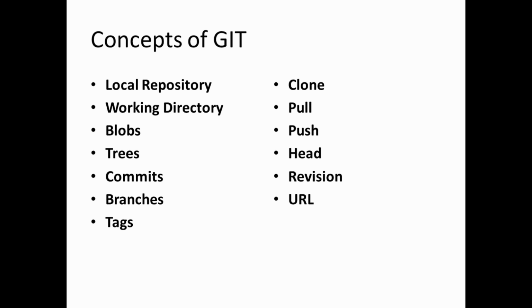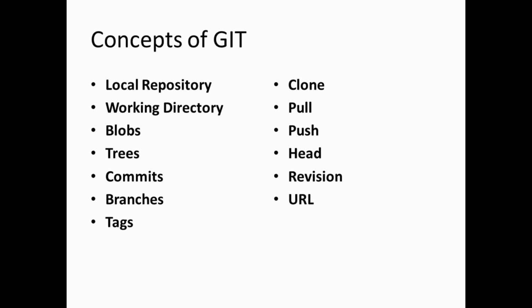Blobs means binary large objects. It is a type of data. If you have worked on MySQL or some other databases, this is a common type of data to be stored.